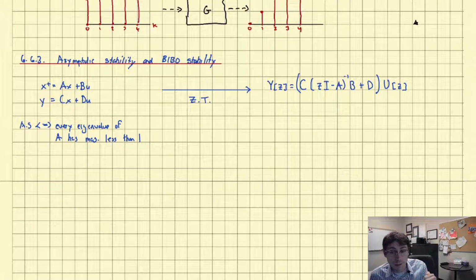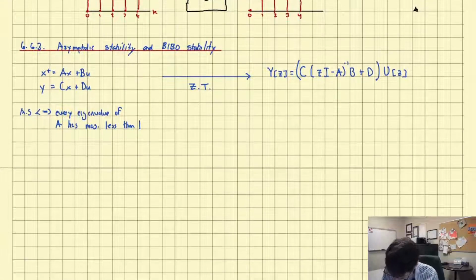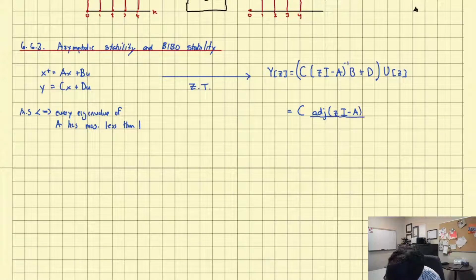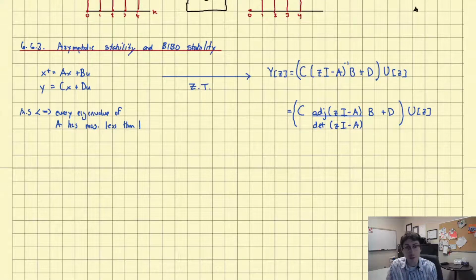It's adjoint over determinant. So let's write that. So I can write this as C times the adjoint of zI minus A, remember that's an n by n matrix, over the determinant of zI minus A, B plus D. Okay, and that system is BIBO stable if and only if all of its poles have magnitude less than 1.